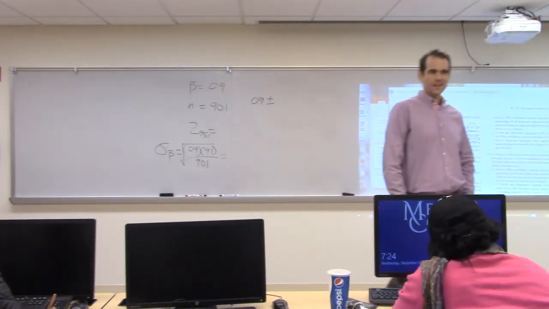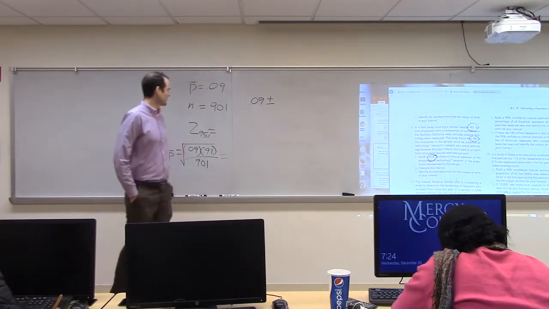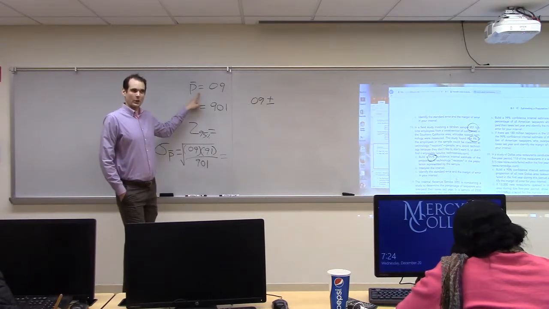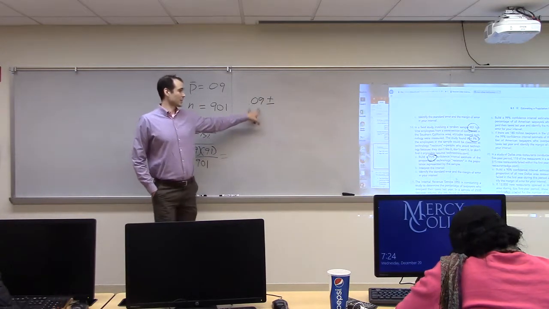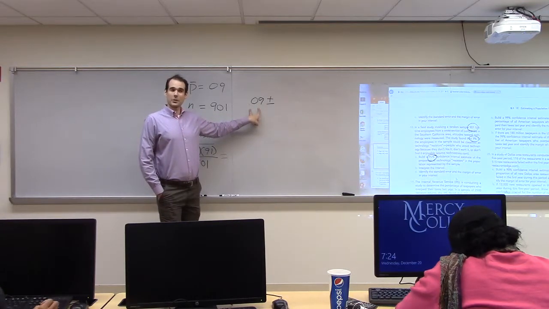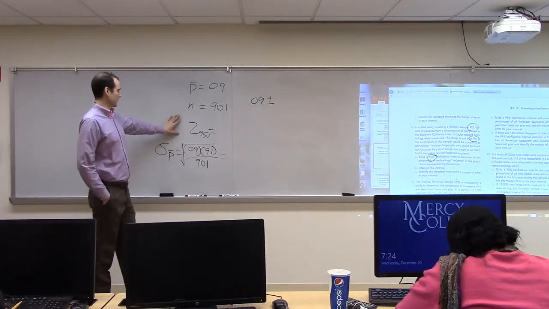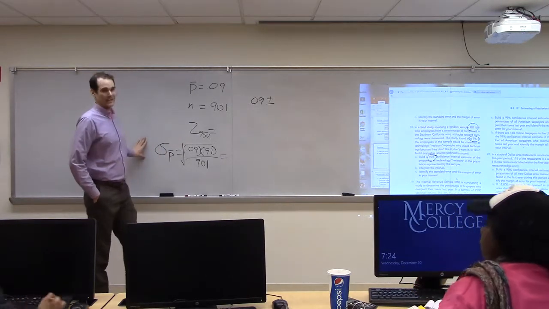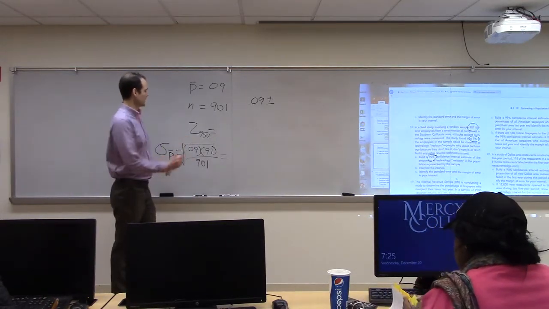So we take a sample of 901 people, and we find that 9% of them are so-called technology resistors. So our confidence interval is 9% plus or minus some amount, and that amount is our z-value for the desired level of confidence times the standard error. So for 95% confidence, what is our z-value?